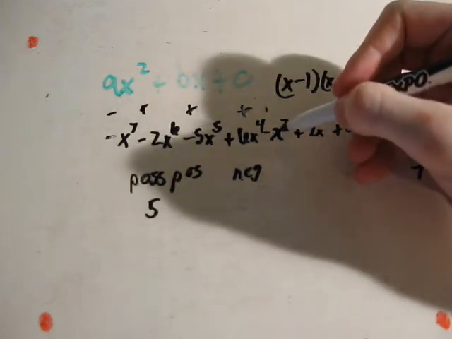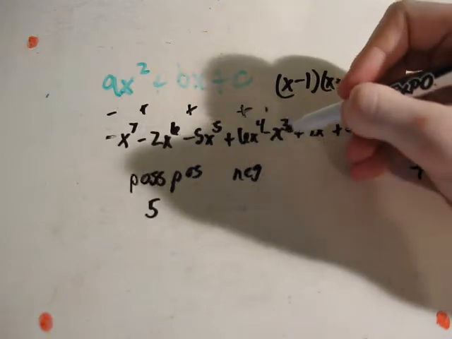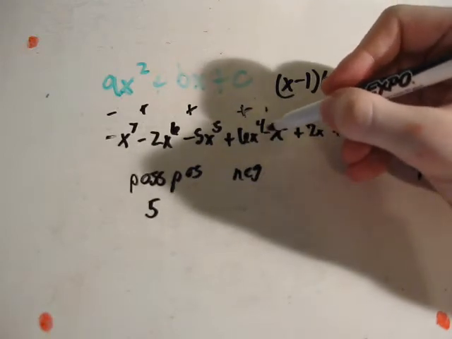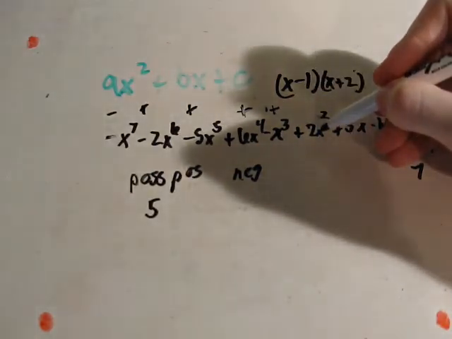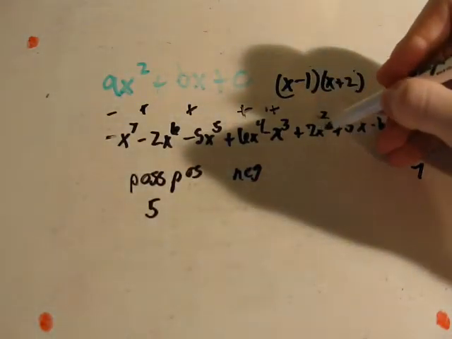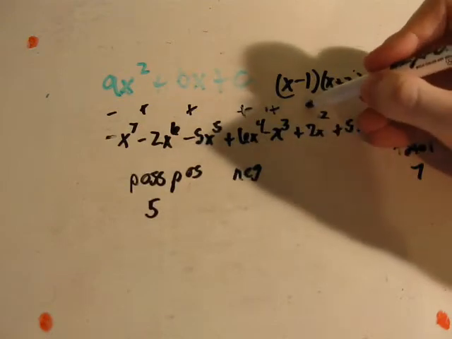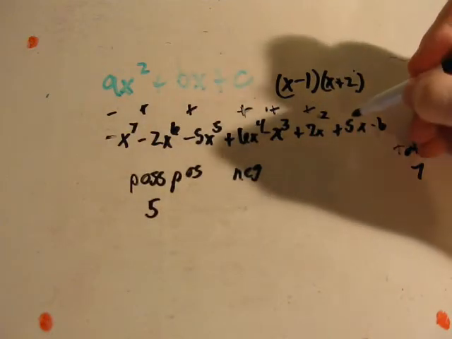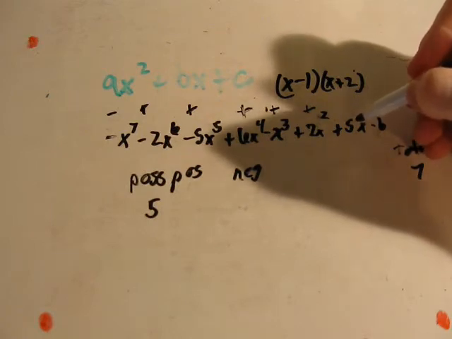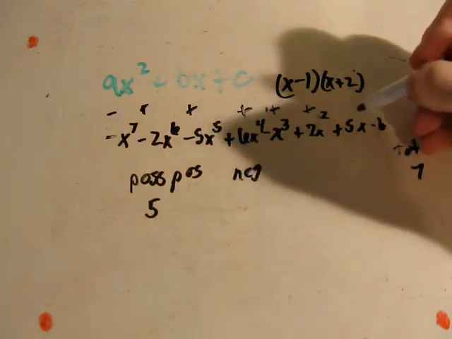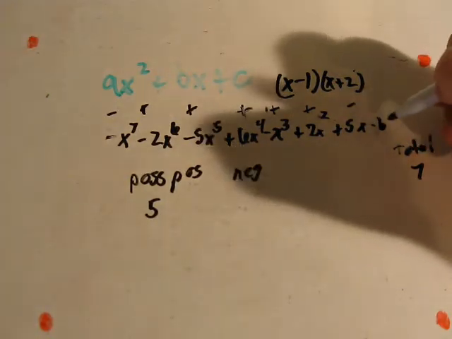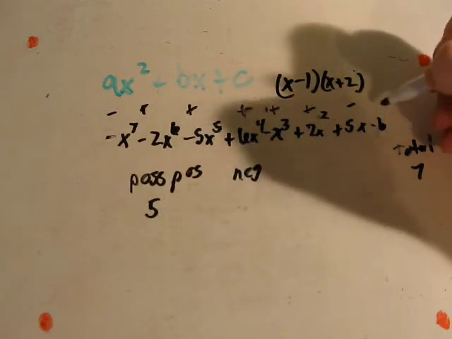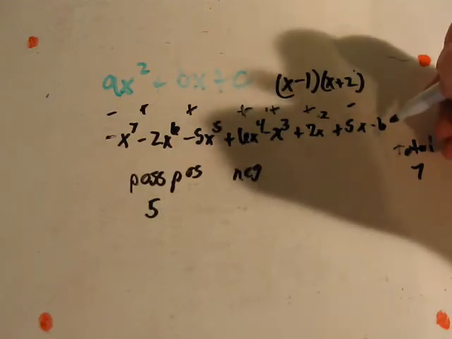Negative x cubed stays negative, but then becomes positive because of the sign here. 2 times a negative x squared, positive, stays. Then 5 and x. There's no exponent here, so negative x here stays negative, and then no x, so we don't have to do anything there.